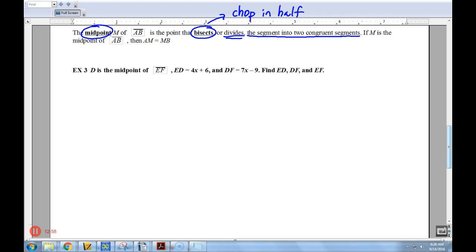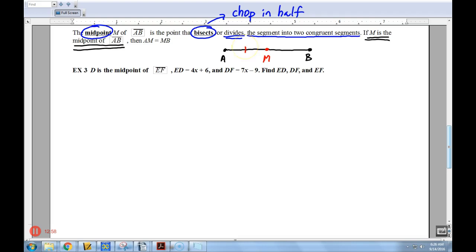I think this is easier to see with a picture. So let's go back to this part right here. M is the midpoint of segment AB. Let's draw that. So there's segment AB. And if M is the midpoint, that means it's smack dab in the middle. This kind of looks like it's in the middle, but I really don't know for sure unless I measure it.